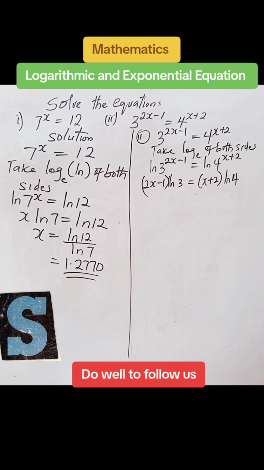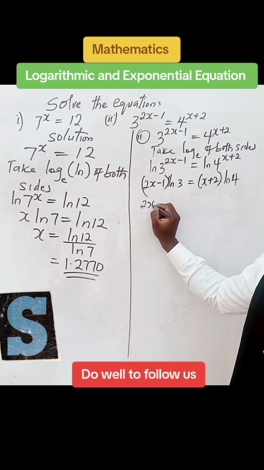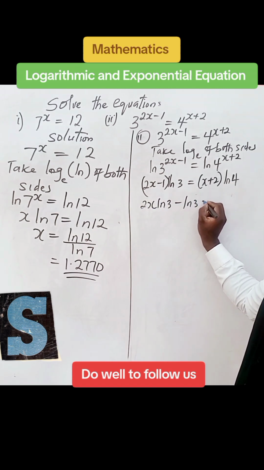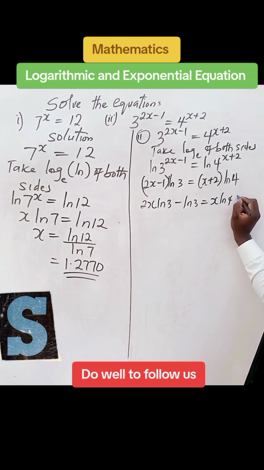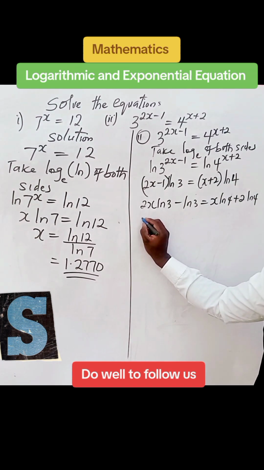Alright, so we're moving. The next step is to open up this bracket. So we have 2x ln 3 minus ln 3 equals x ln 4 plus 2 ln 4. Alright, so we've done it. The next thing is to arrange the like terms.